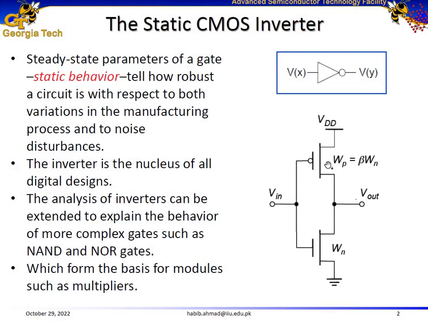So if the PMOS is conducting, the NMOS is going to be in cutoff. If the PMOS is conducting, and we have a capacitor over here, then we have this path from VDD. The PMOS is conducting, and then we have Vout.